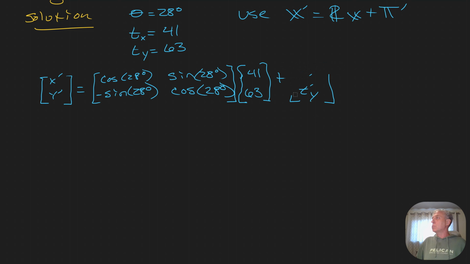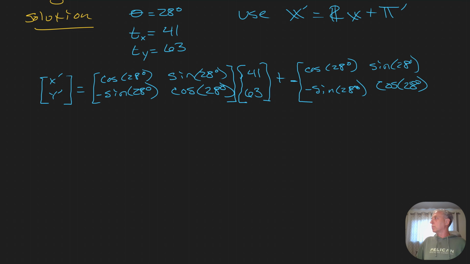So what that looks like, what we found out before, plus the negative of cos 28 degrees, sine 28 degrees, minus sine 28 degrees and cosine 28 degrees, times our tx and ty.